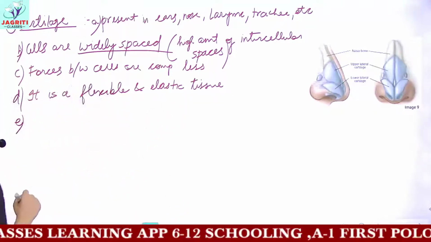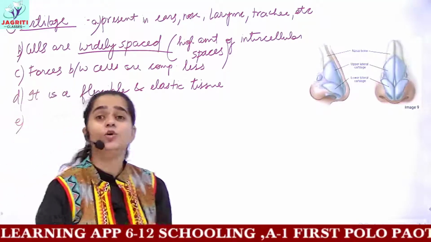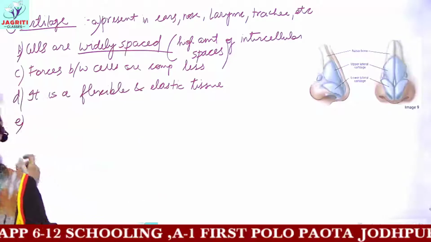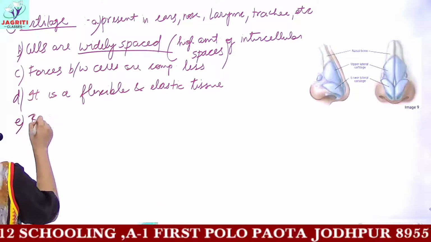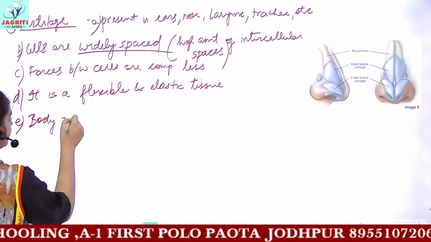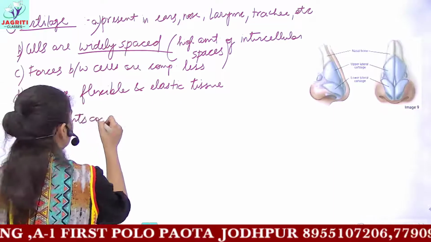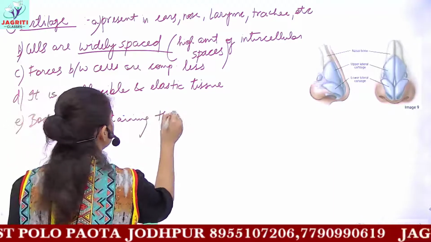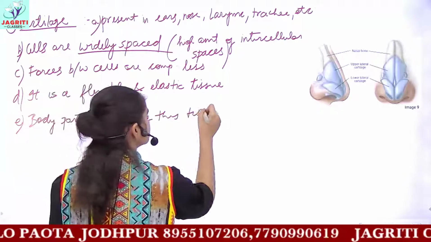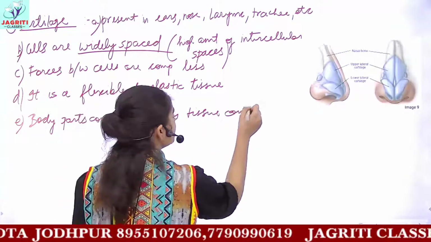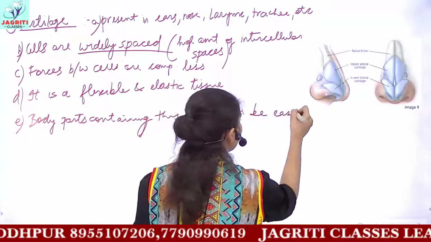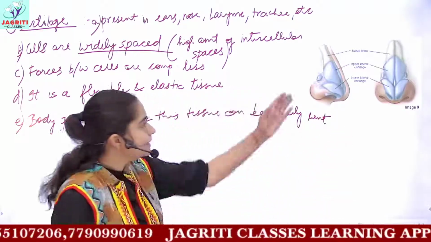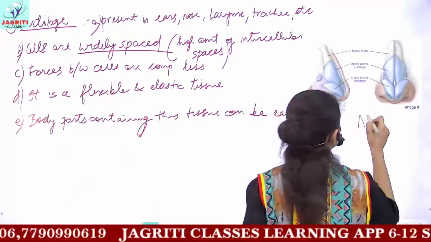The next, because it is flexible, you can bend the parts wherever this tissue is present. So body parts containing this tissue can be easily bent. And as you can see, this is the diagram of the nose.